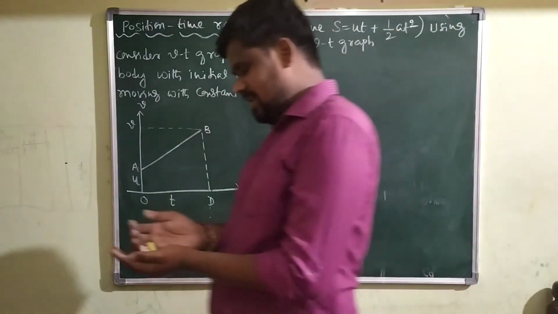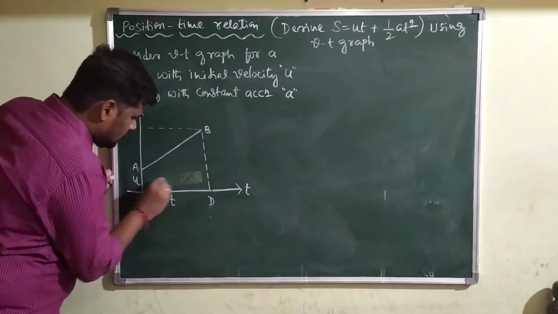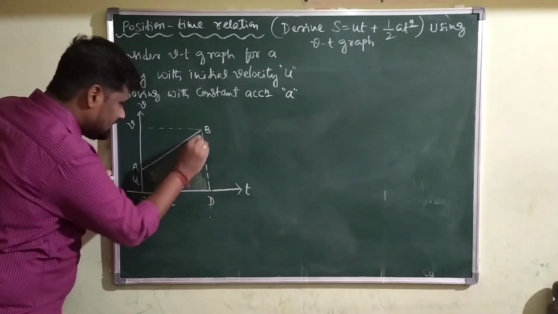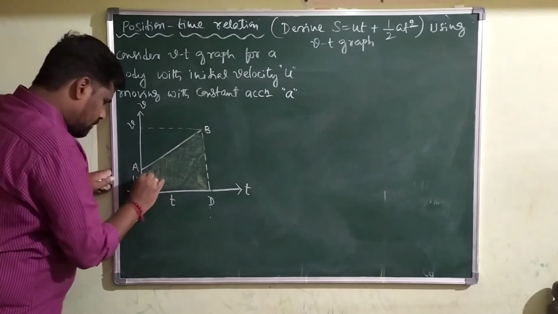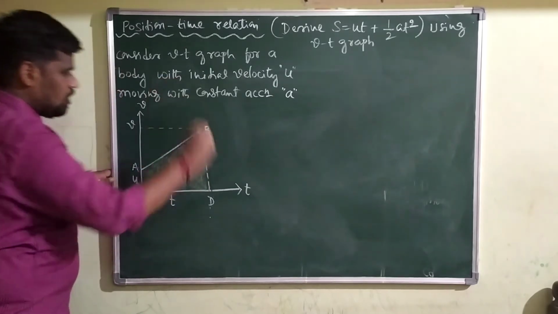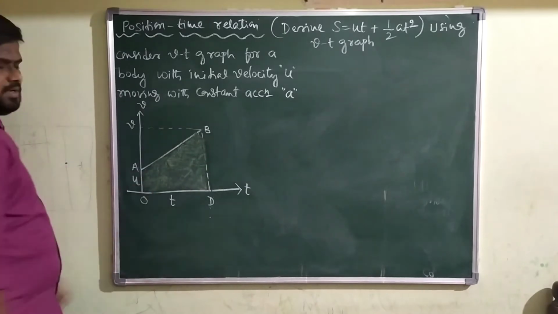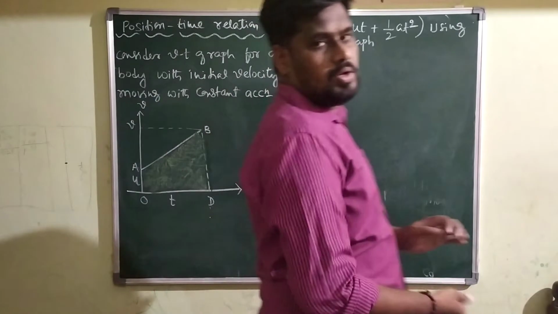So this is called the velocity time graph for a body with the initial velocity U and moving with a constant acceleration. Let me find the total area below this velocity time graph. This also we discussed in the previous session.